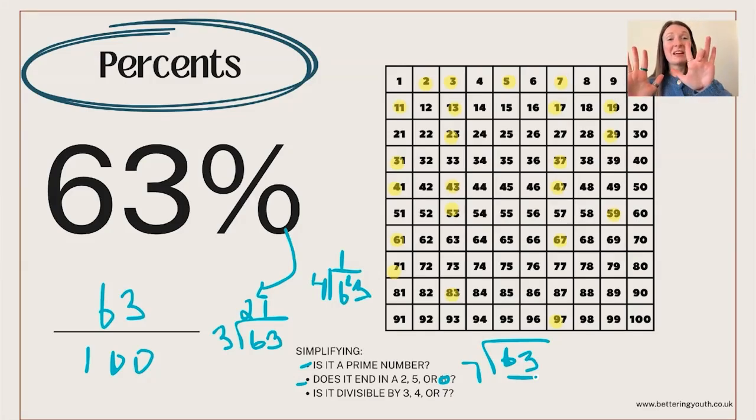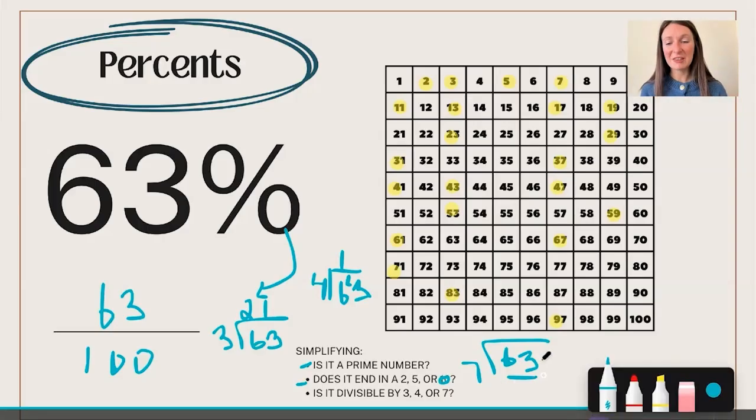If I put down my third number, that becomes 27. Fourth number, 36. Fifth number, 45. Sixth number, 54. Seventh number, 63.